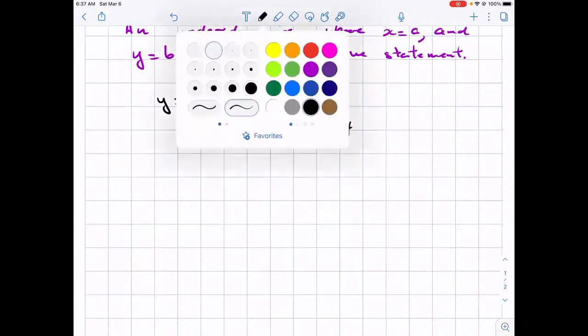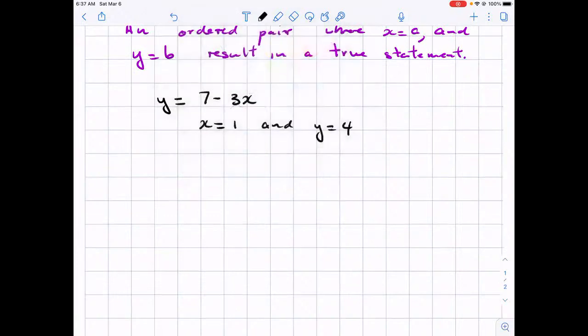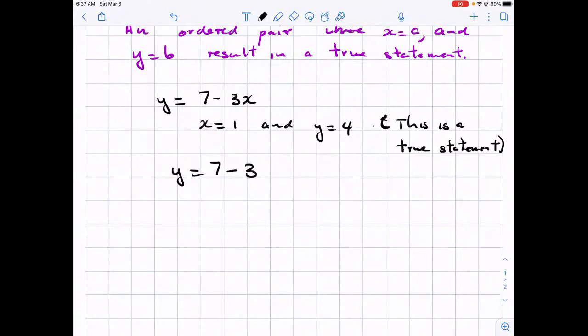So if we do this, this is a true statement. y is equal to 7 minus 3 times x.